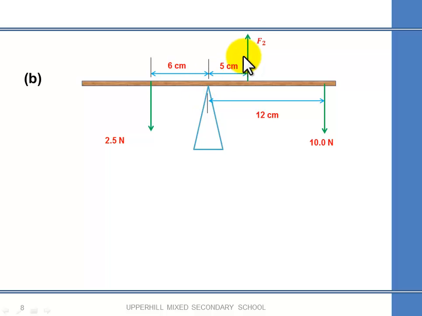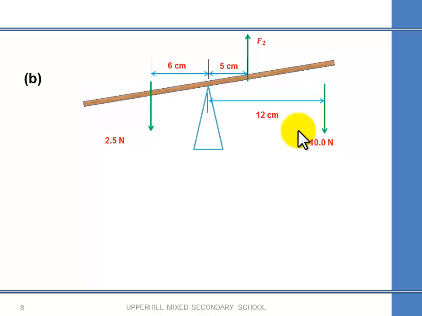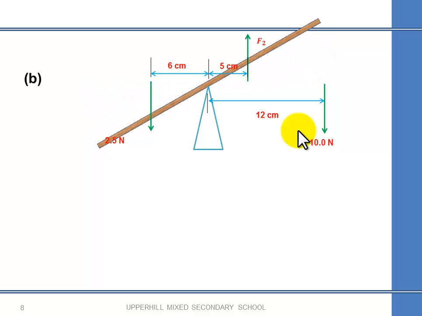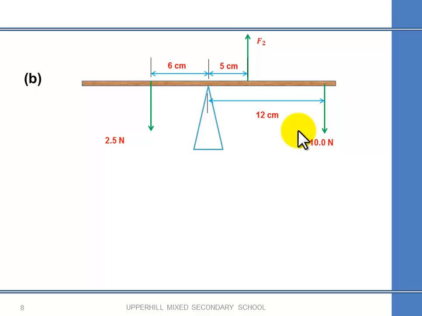Now let's start with the 2.5 Newton force. So we assume F2 and the 10 Newton force are not there. In what direction will the 2.5 Newton force turn the system? It will turn the system in the anti-clockwise direction.